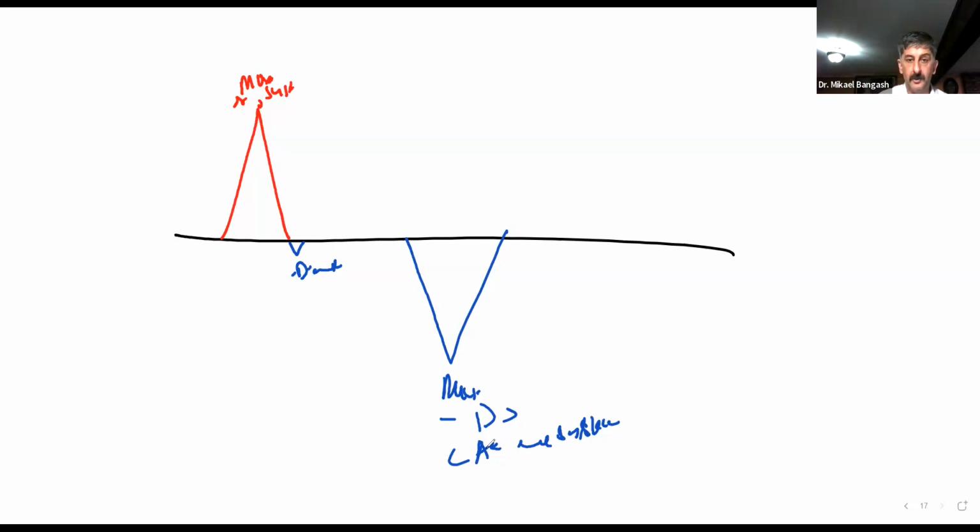When it goes into relaxation, this small part is the flow reversal, which means the heart goes into diastole.